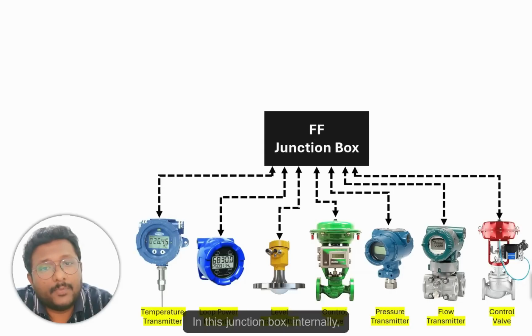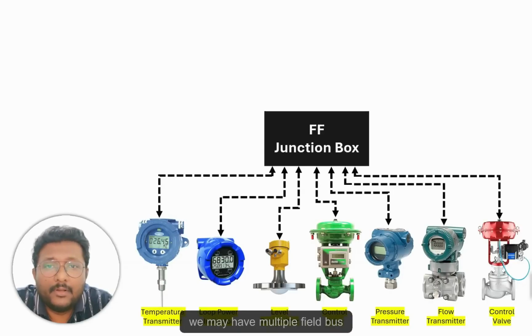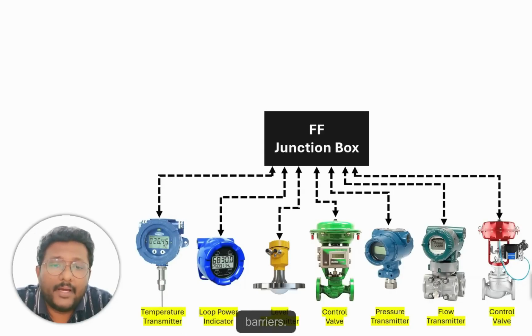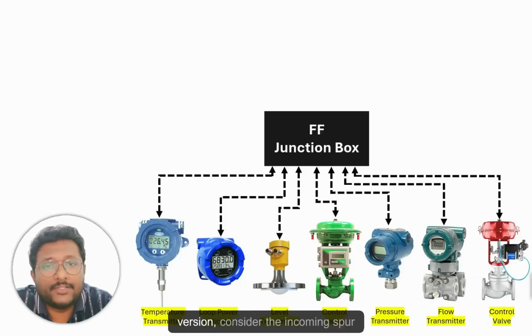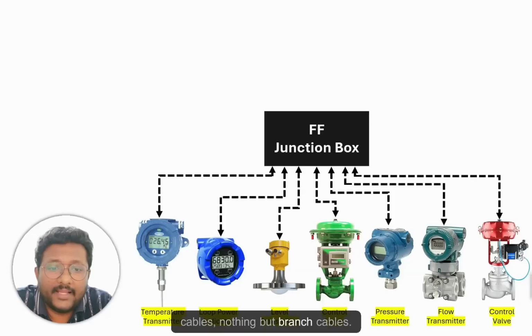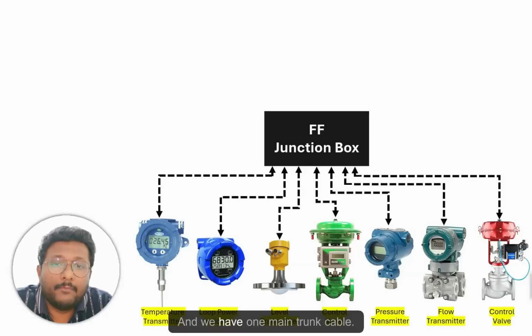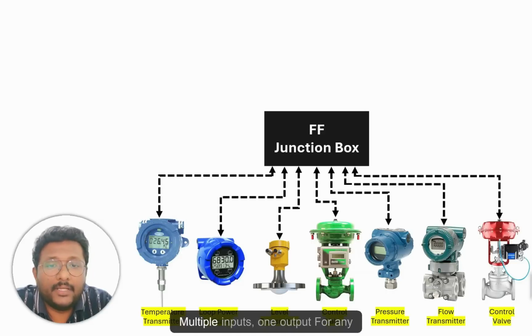In this junction box, internally we may have multiple field bus barriers, but in the simplified version, consider the incoming spur cables, nothing but branch cables, and we have one main trunk cable, multiple inputs, one output for any junction box.